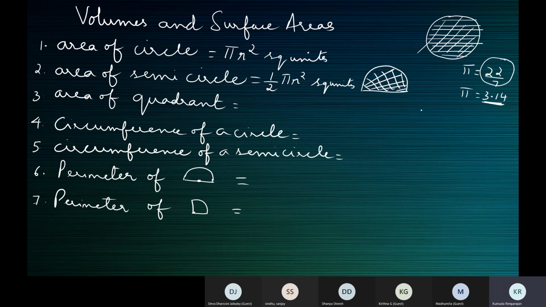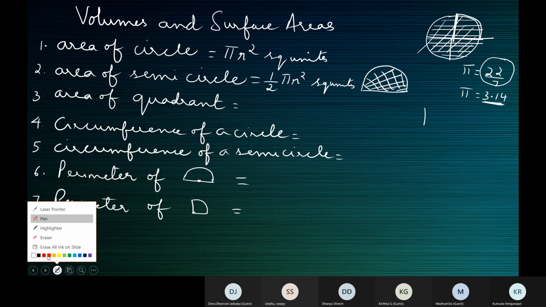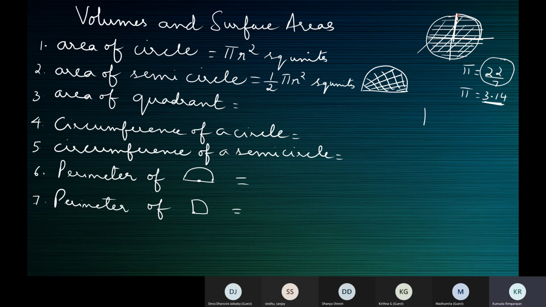Similarly, area of a quadrant. A quadrant is 1/4 of a circle. So this is a quadrant. This one is a quadrant. 1/4 of a circle is a quadrant, and the area of a quadrant is given by the formula 1/4 into pi r square square units.